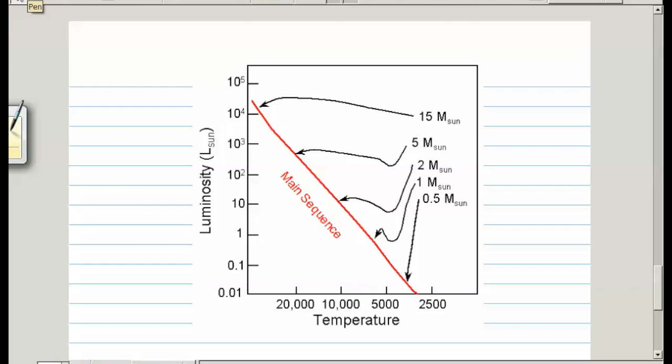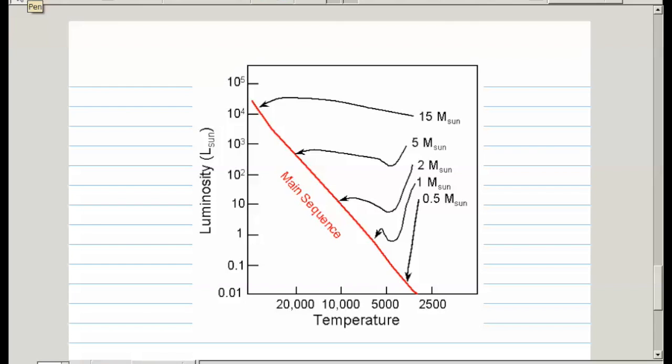So here you can see what I'm talking about on this schematic presentation of what happens to stars of different mass. Those that are very massive will reach high temperatures, and the energy production rate is going to be very high, and they end up at the top of the main sequence.